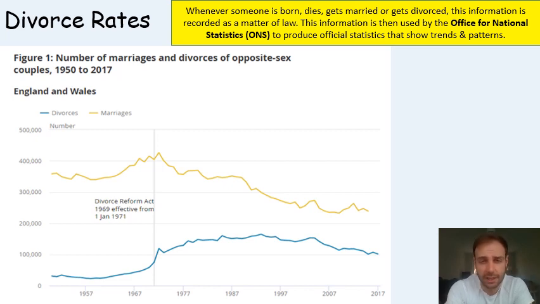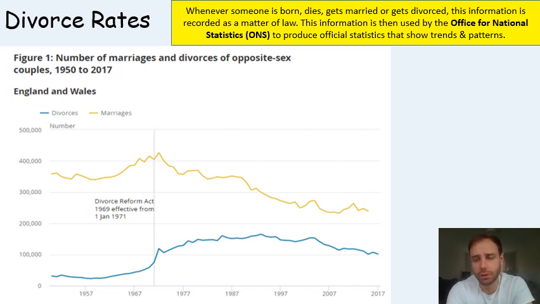This is specifically between opposite sex couples. The yellow line shows the rate of marriages in the same period, 1950 to 2017. Now you can see very clearly from this graph that in the United Kingdom, or England and Wales specifically, the rates of divorce have risen since 1950 and the rates of marriage have fallen.